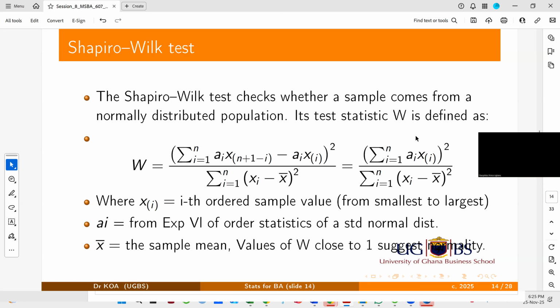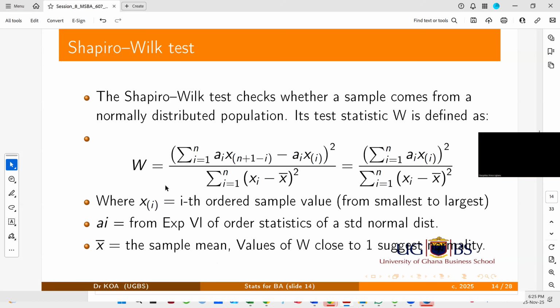And eventually you can simplify the whole thing to be a_i x_i squared, and then the difference between the mean, we call it the mean difference. The difference between the mean and each observation. You do that, and then you estimate the test statistic.